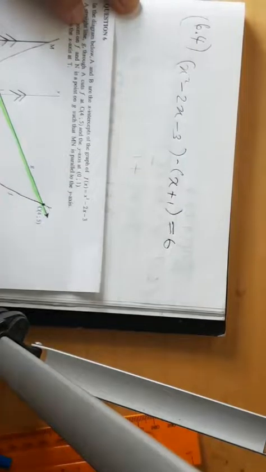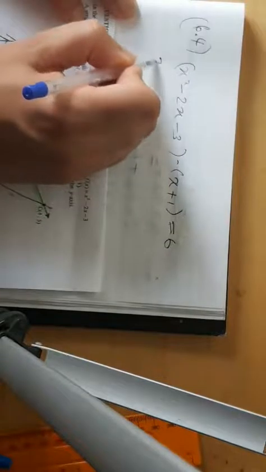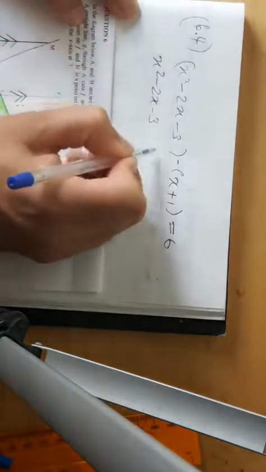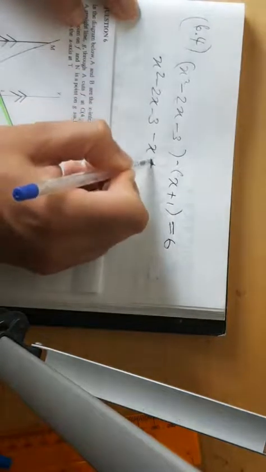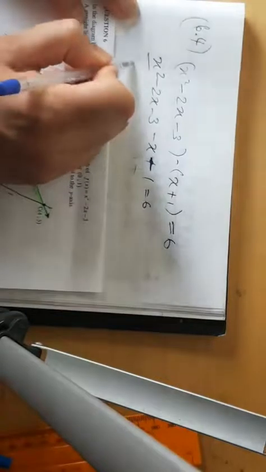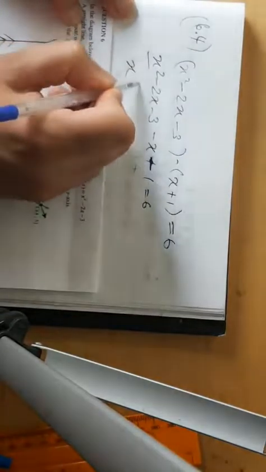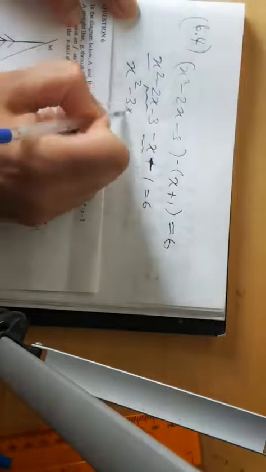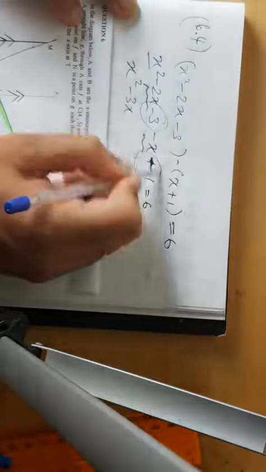Okay, so if we simplify this, it's going to give us x squared. Let me just take away the bracket. So it's x squared minus 2x minus 3 minus x minus 1, which is equal to 6. So it's just x squared, and those are like terms, so that's negative 3x, and that's negative 4.